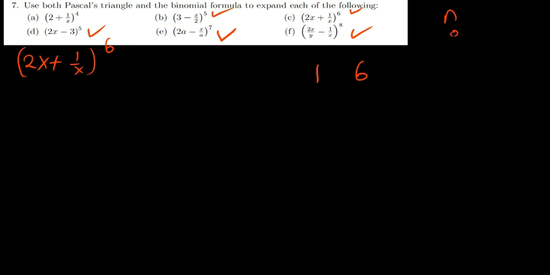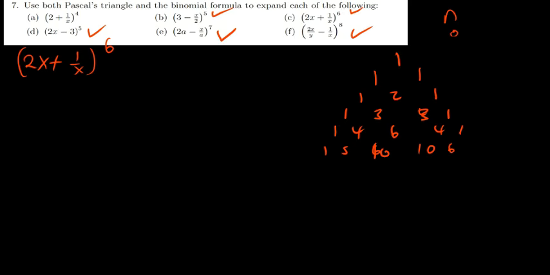Okay, so we are saying we have 1, then 3, 3, 4, 6, 4, 1, 5, 6. Oh, this should be 10, 10, 5, and 1.